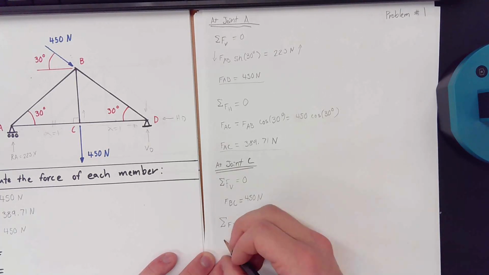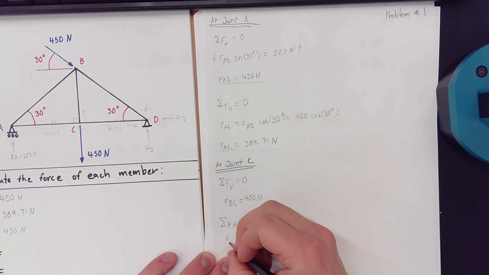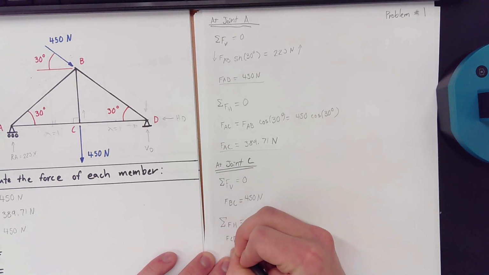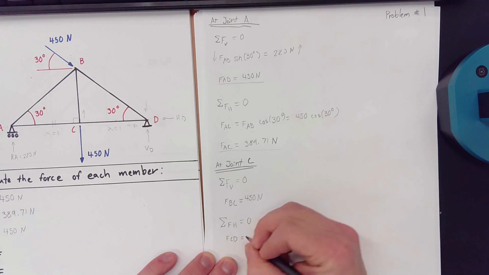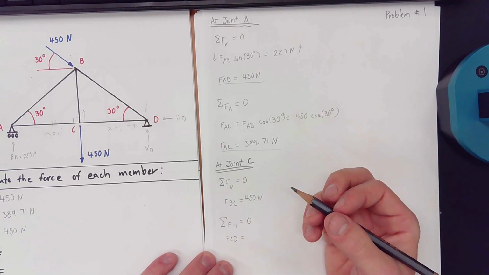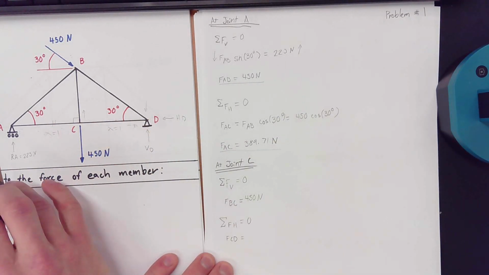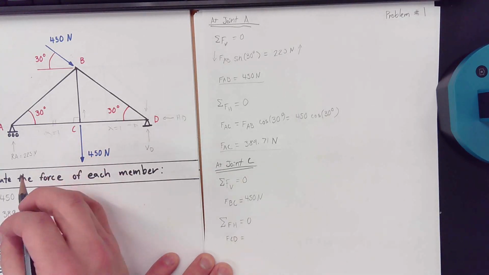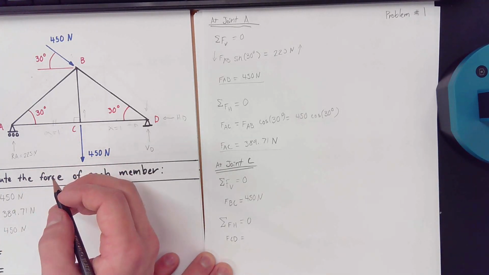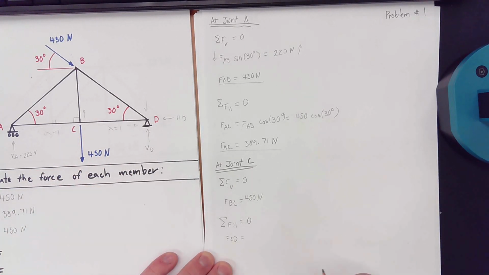And if we're looking at the forces acting on member CD, that must equal exactly the same as the forces acting on AC. So the forces acting on AC, if we bring it up, 389.71.